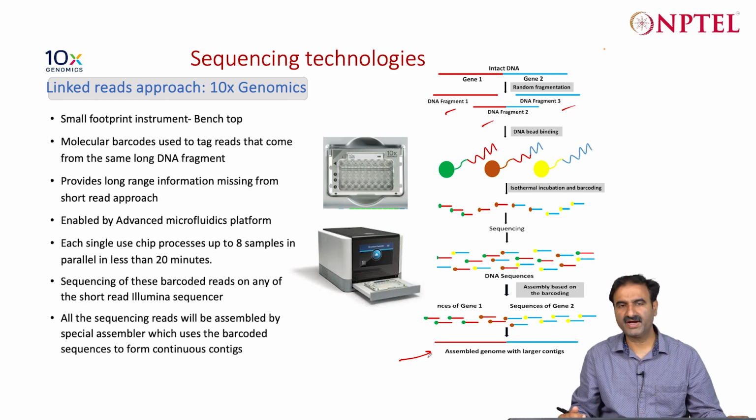This helps in building a very contiguous, long assembly. This is offered by 10x Genomics: the library is prepared by the 10x Genomics instrument Chromium, and sequencing is done on any Illumina instrument. So this was a good option to assemble large genomes.